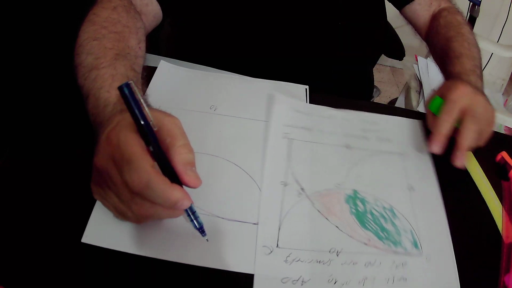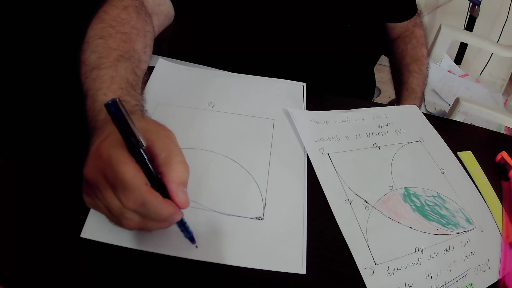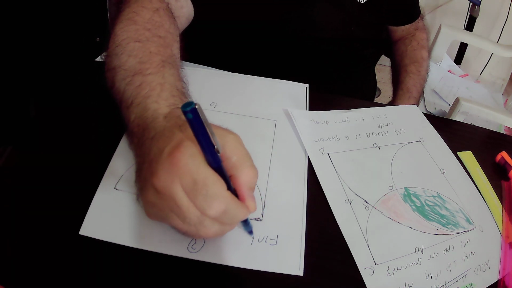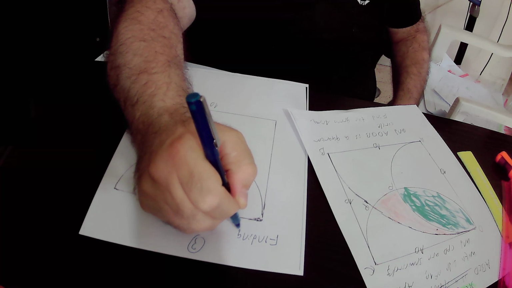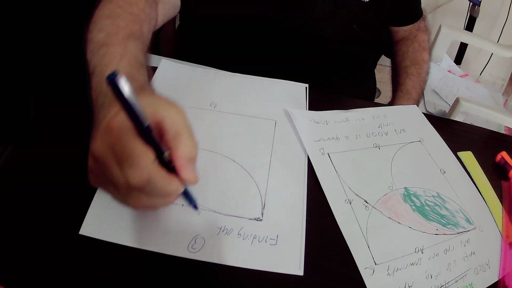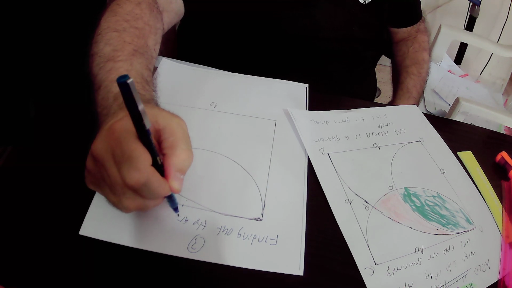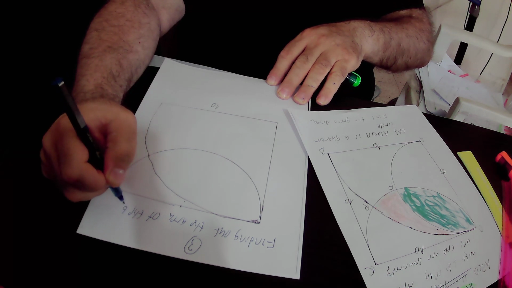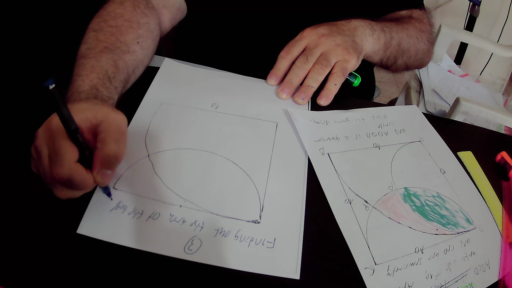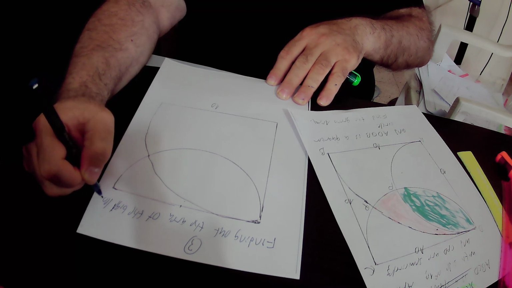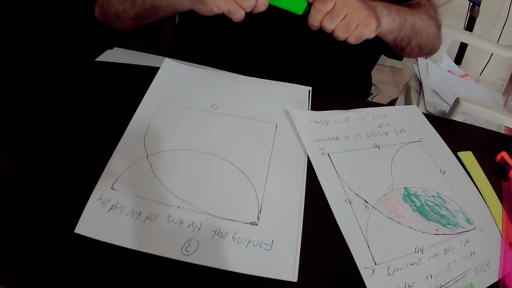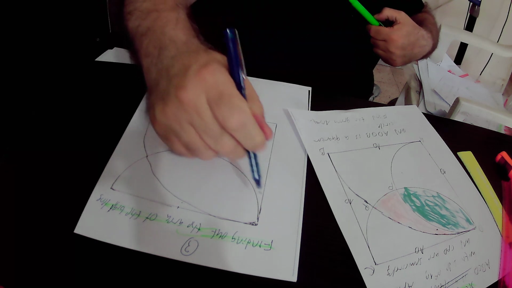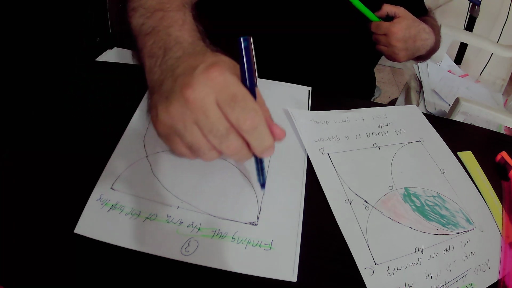Well, write it down that our mission is to find out the area of the big lens. That is to say, to find out the area of this shape that is the big lens.